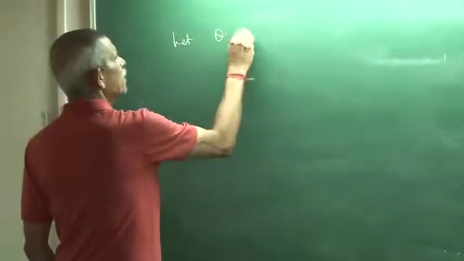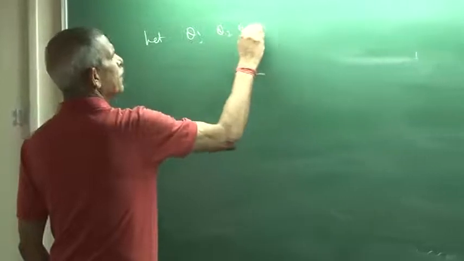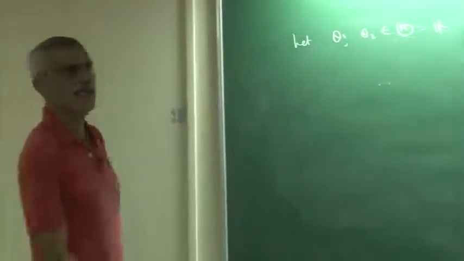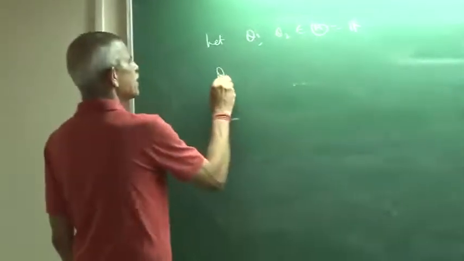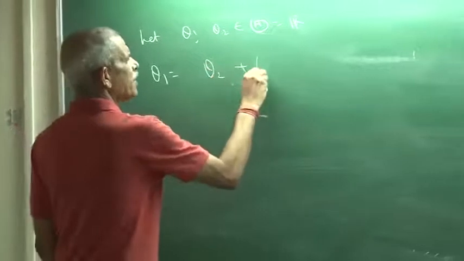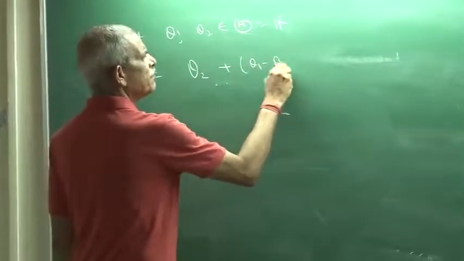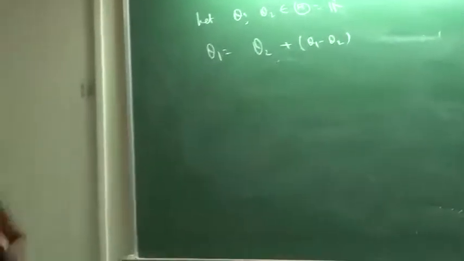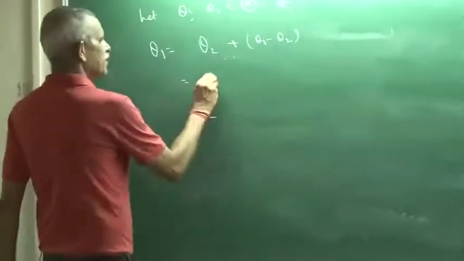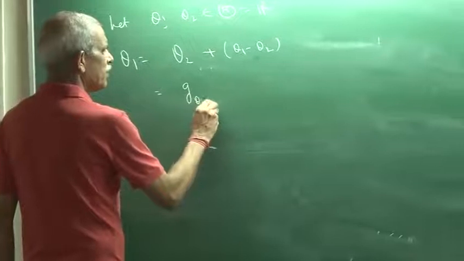Let theta 1 and theta 2 belong to Theta, which is the same as the real line. I can write theta 1 as theta 2 plus (theta 1 minus theta 2). So, this is theta 2 plus some constant, which is g of theta 1 minus theta 2.